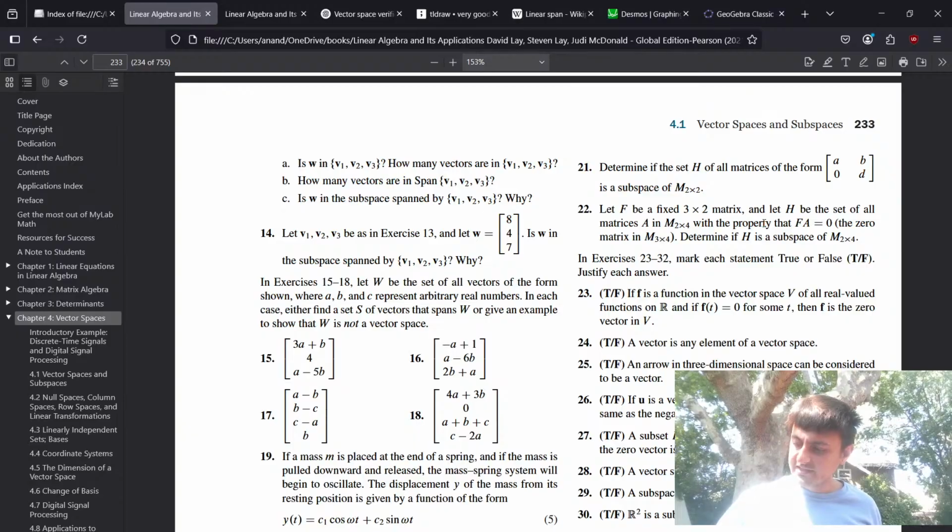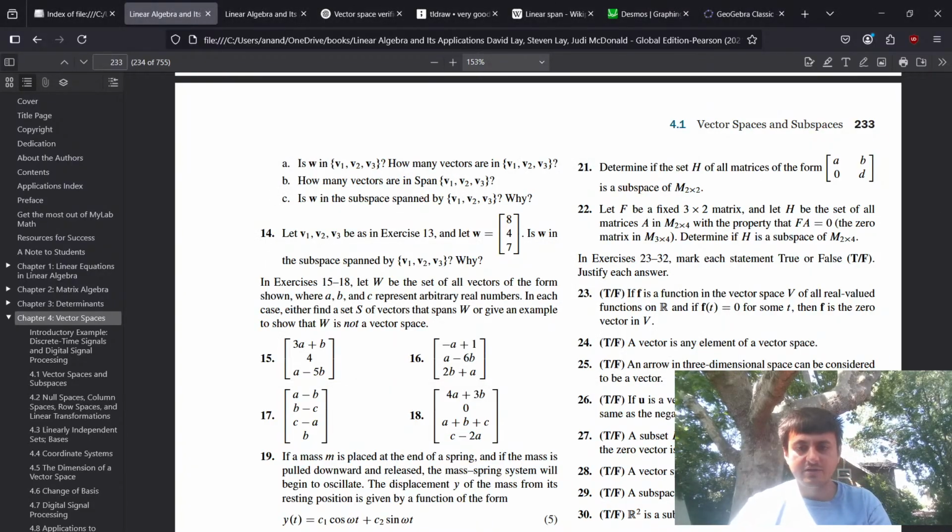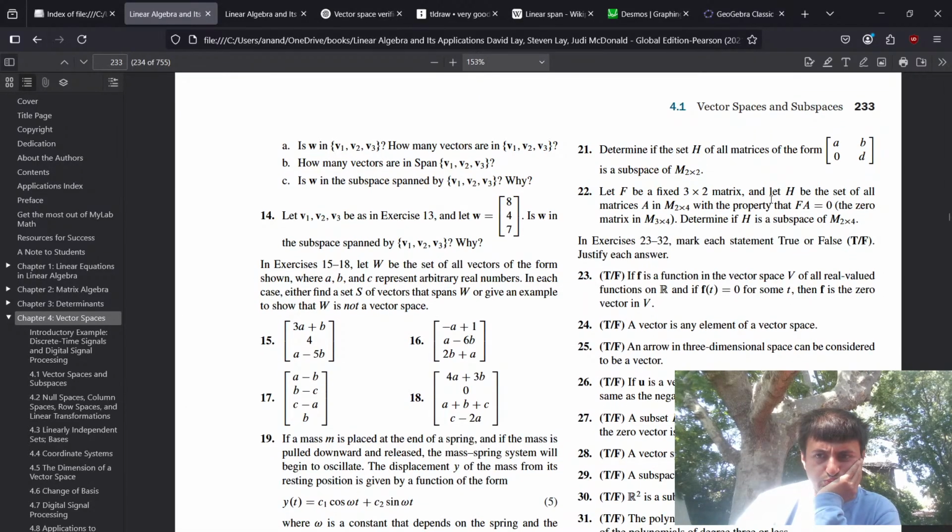For example, let's say A is the identity matrix 1, 0, 0, 1, and then B is the off diagonal. Okay, so anyway, 0 is in H.